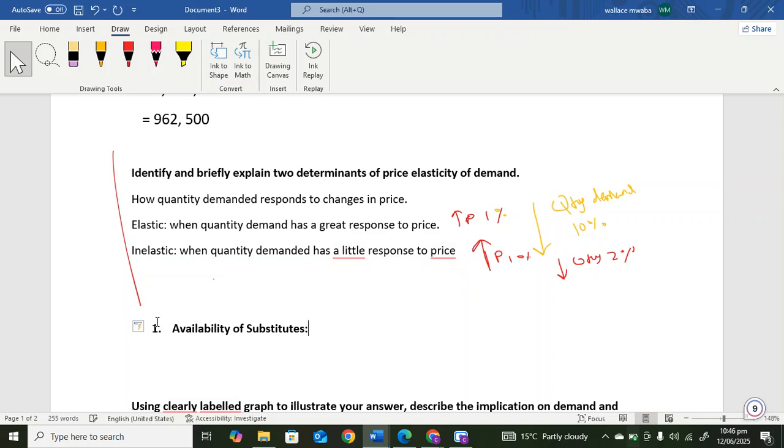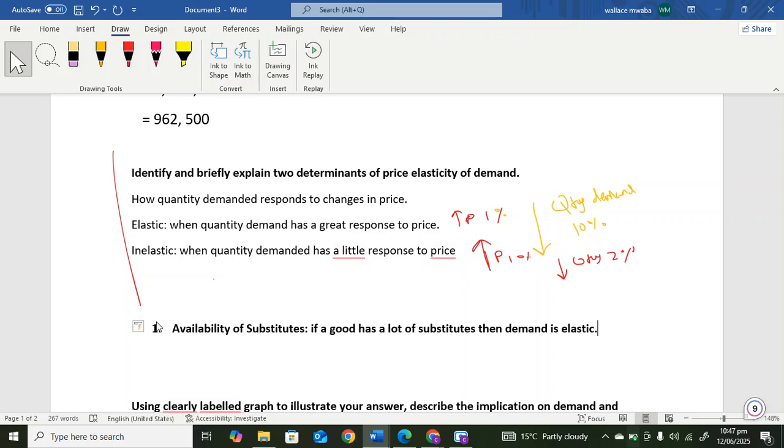If a good has a lot of substitutes, then demand is elastic.